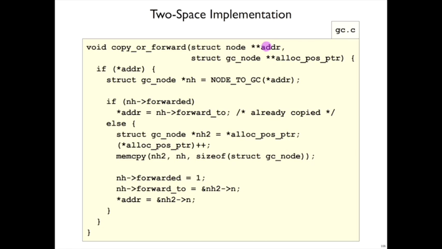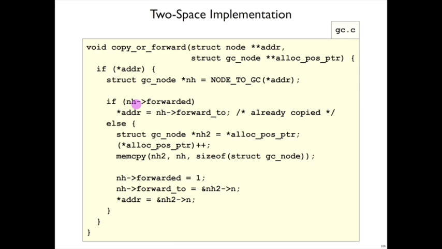Copy or forward takes an address that's pointing to a node or pointing to null. If it's not pointing to null, then it's pointing to a node, so we can get that node that it's pointing to. We look inside that node, and the header now, instead of having a mark bit to say white or black, has a "have I been forwarded" flag, which is serving the same role.